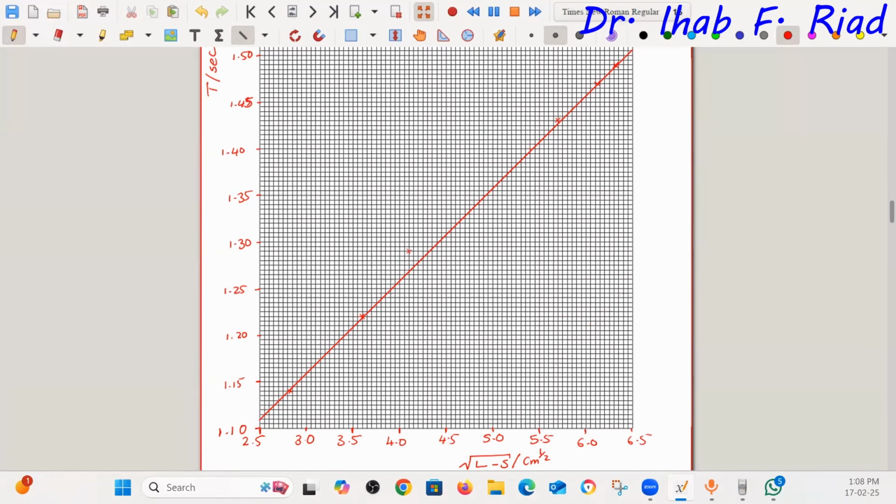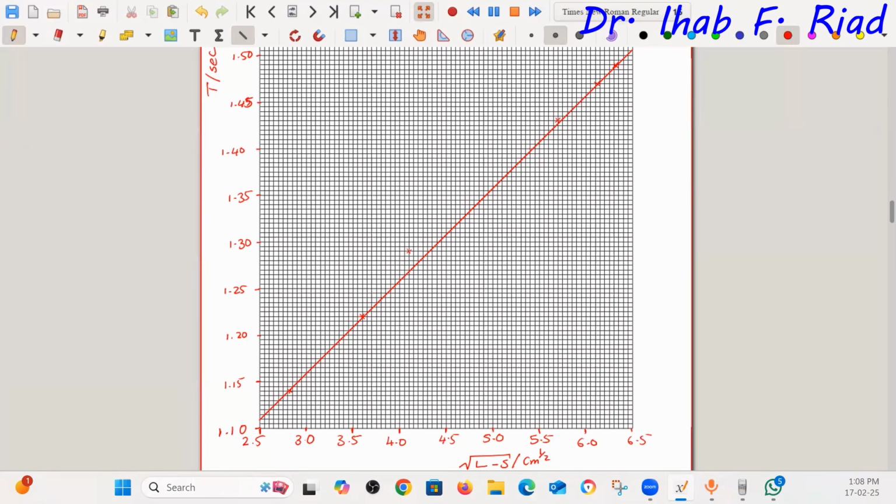This straight line doesn't go through the origin, because I noticed in the homework that you are sometimes forcing your line to go through the origin. It doesn't have to. I need to follow the points. So how many points did I go through? 1, 2, 3, 4, 5.